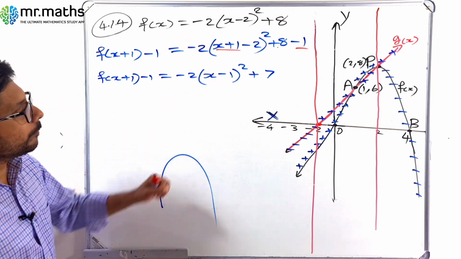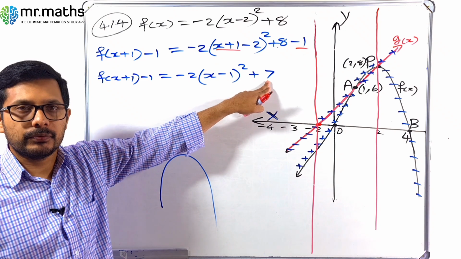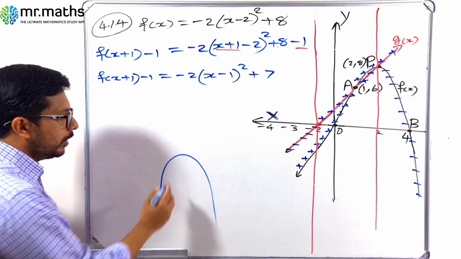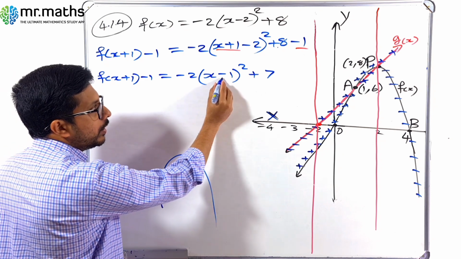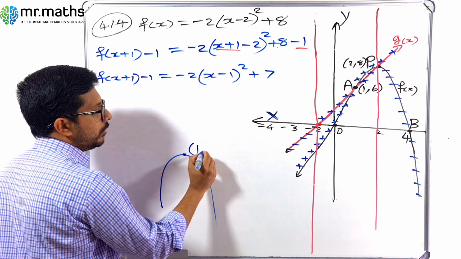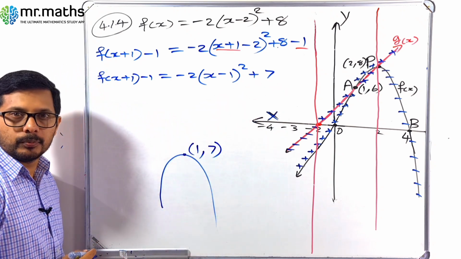Now what is this minus 1, 7? What can we write from that one? We can write the turning point. The turning point is here: it is minus 1, that means it is positive 1, and 7, that is the turning point.